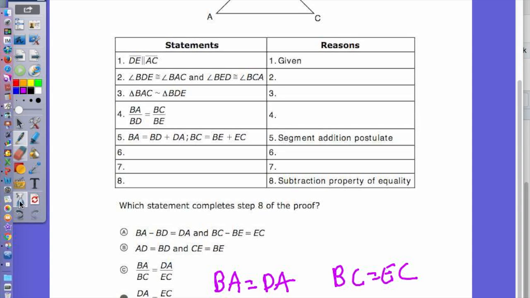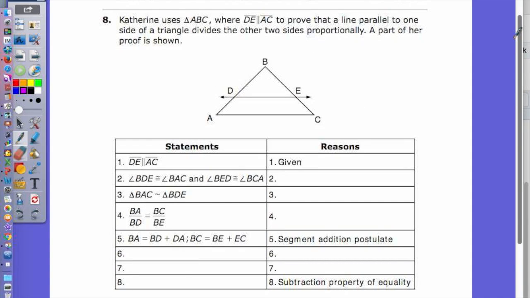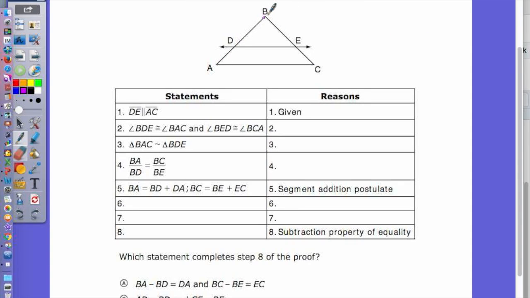Okay? When you look at the proportions here, you want to prove that it divides the triangle's sides proportionally. BA and BC are the entire sides of the triangle, right? And DA and EC are a part of a side.